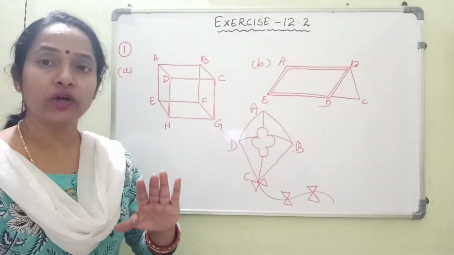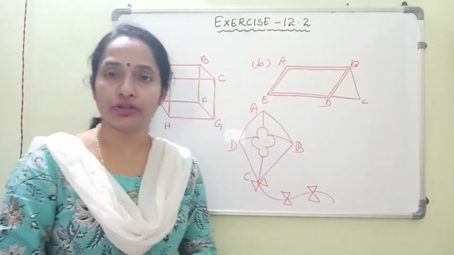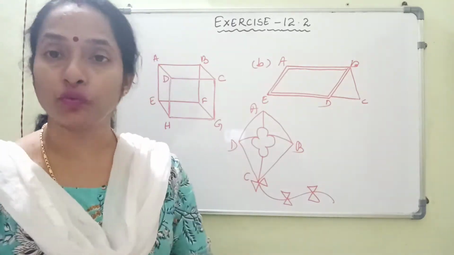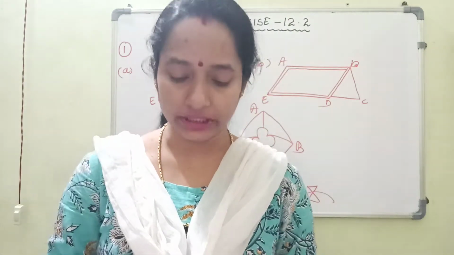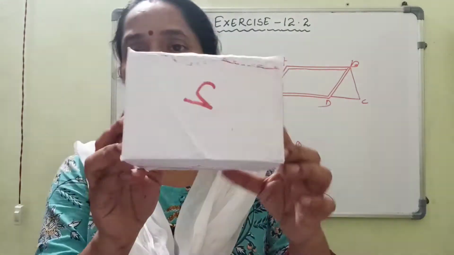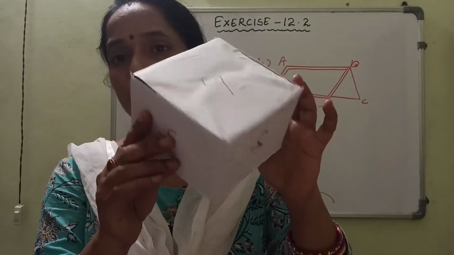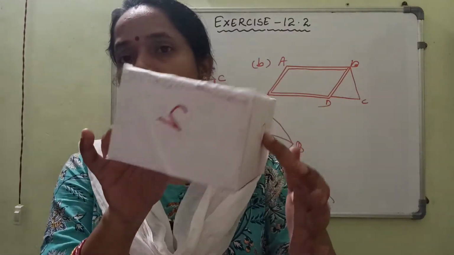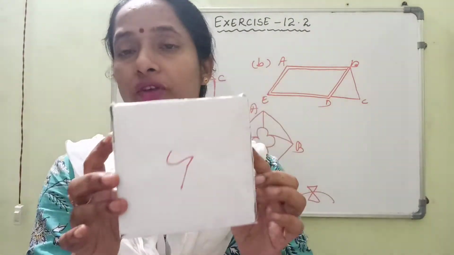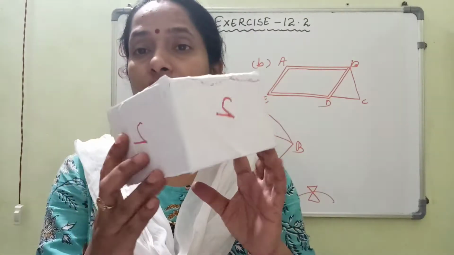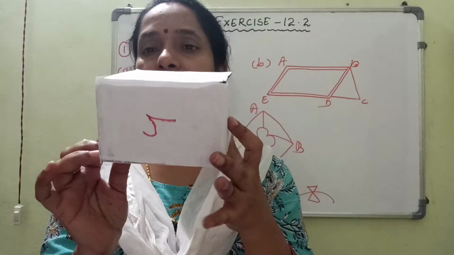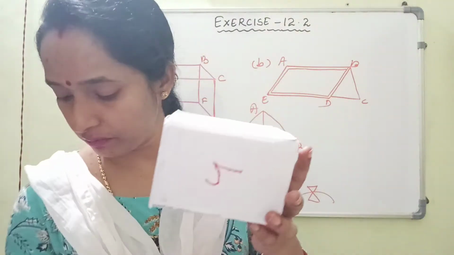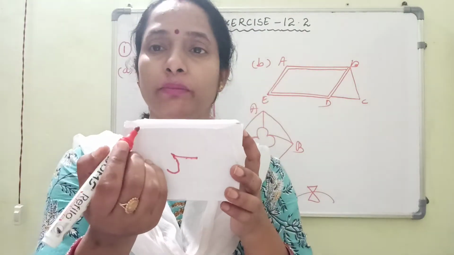Now, I have a model of a cuboid for you in order to understand how to find the sets of parallel lines and perpendicular lines. Here you see it is the shape of a cuboid, isn't it? Now let us understand how many faces we have in a cuboid. I am numbering the faces.